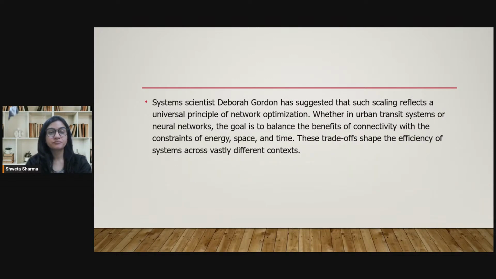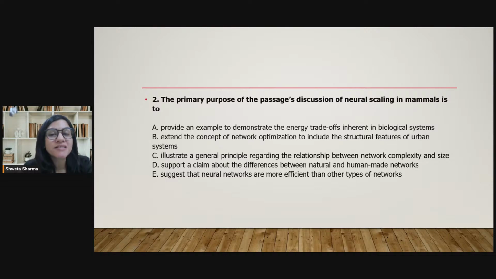All right. So, the primary purpose of the passage's discussion of neural scaling in mammals is to what? Provide an example to demonstrate the energy trade-offs inherent in biological systems.